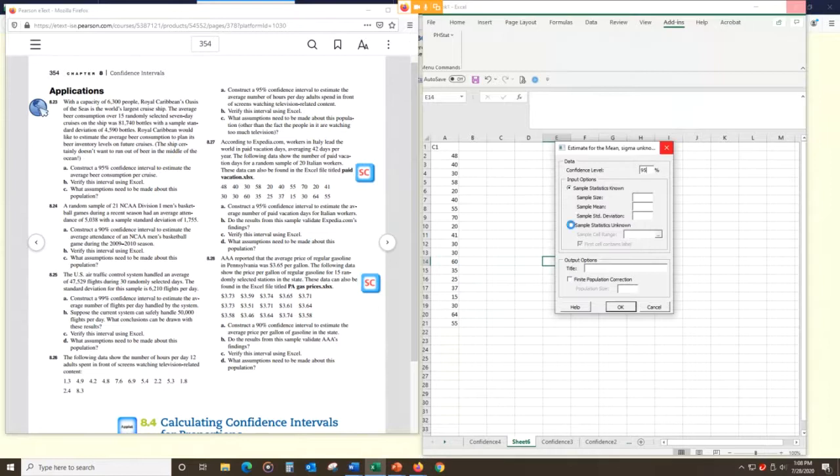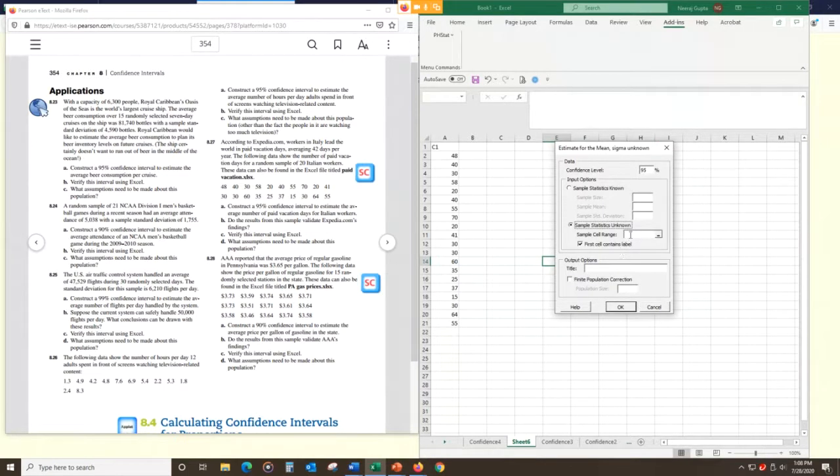Sample statistic unknown. Now I will say it is a sample cell range, so I will choose the range. By default this is checked, which is first cell contains label. My first cell is C1. If I'm choosing from here, I included the label, so label should be checked.